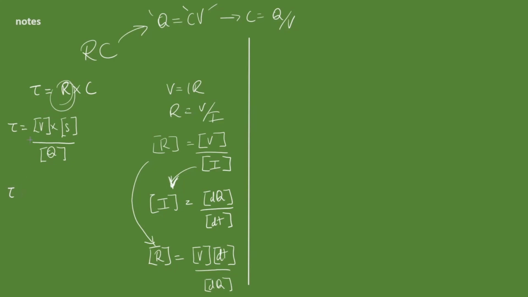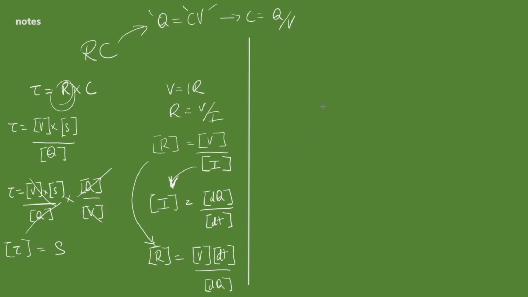Tau is V times seconds over charge, times Q over V. I didn't even need to use dimensions; I could have just used the quantities as they were. As you can see, Q cancels out, voltage cancels out, and we know that the dimension of the time constant for RC circuits is seconds.